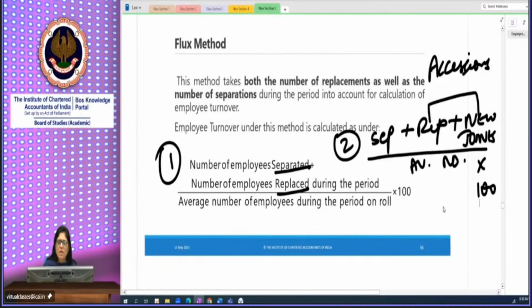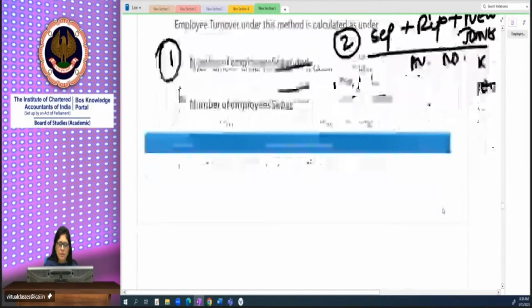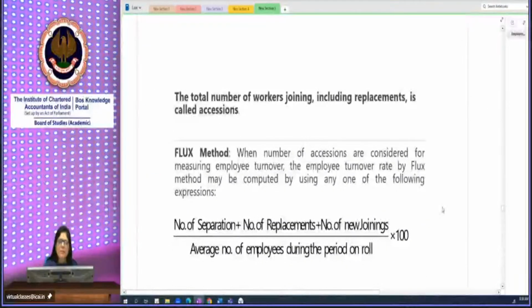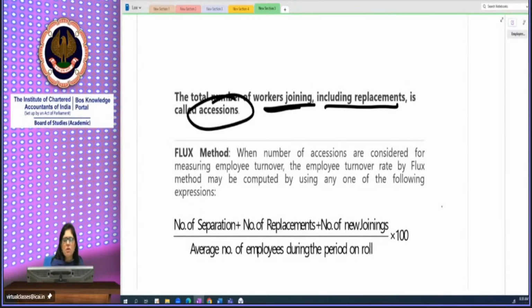Okay, good. This is the other method I told you just now. The total number of workers joining, including replacement, is called accession. So this is the second method: separations, replacement plus new joinees, where replacement and new joinees are called accessions, the total workers who are joining.